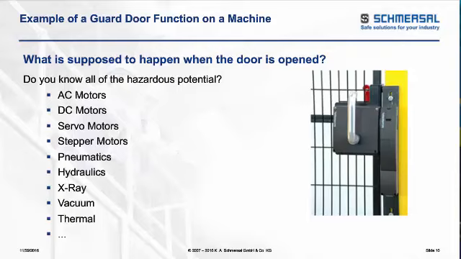But based off of that, what do you need to do to shut those different things down? Well, first, you need to identify what needs to be shut down. Which one of these action items, or I should say output devices, need to be taken down to ensure a safe condition when a person opens up that door to perform that particular task?